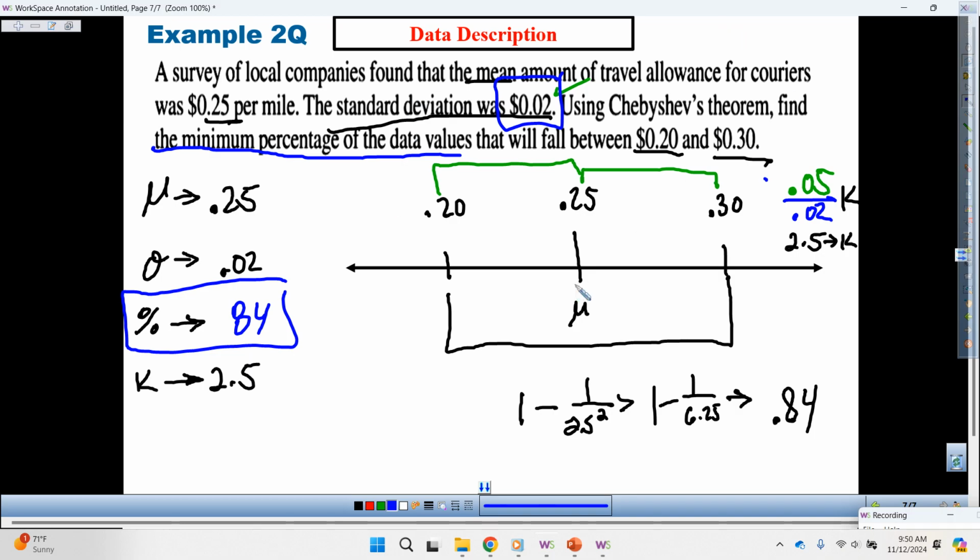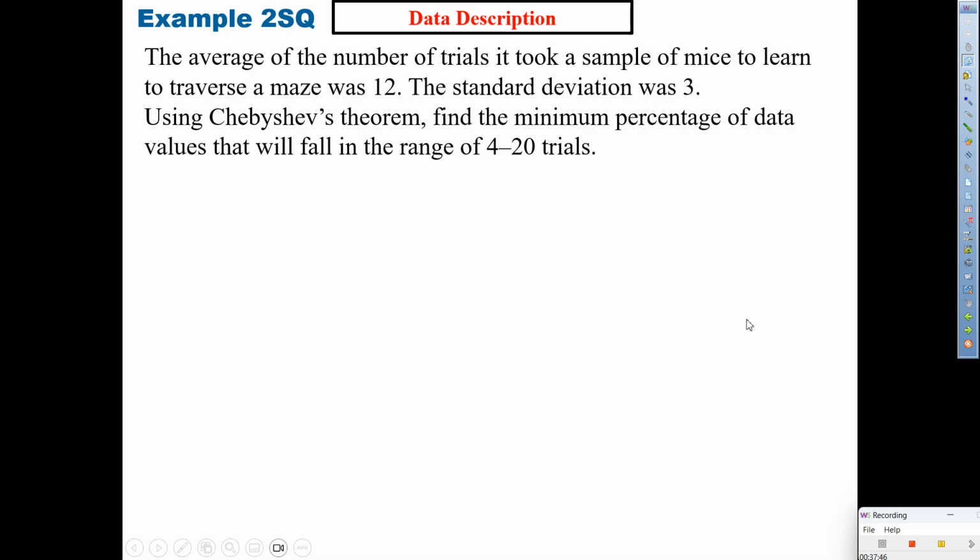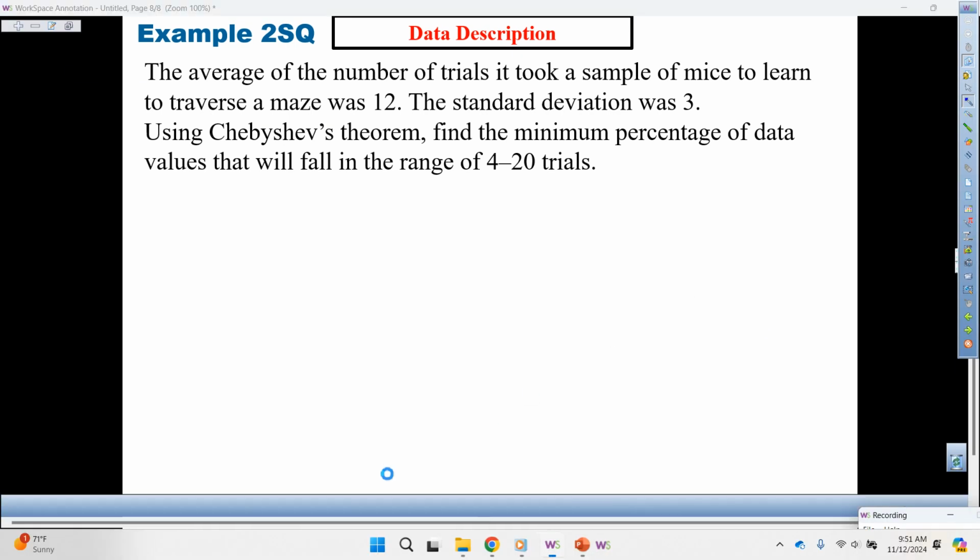All right, so here goes the setup one more time. We have our mean. We label it. We label the extreme numbers that they give us. Take the distance divided by the standard deviation. That gives us our K. Use our formula, and that gives us a percent. So here goes example 2 super Q. Again, start with the data that they give you.